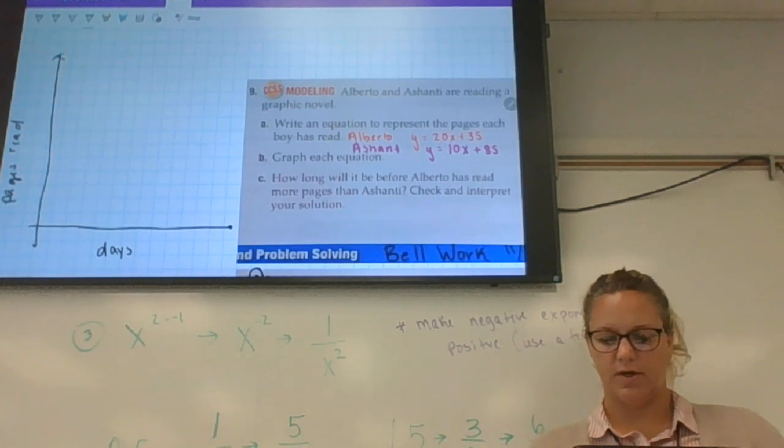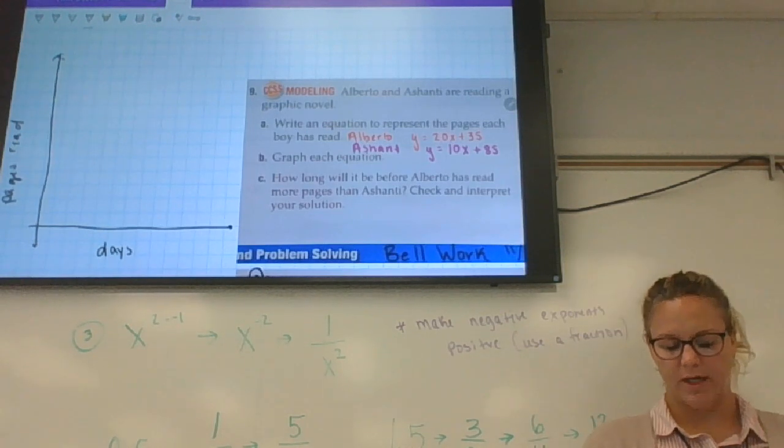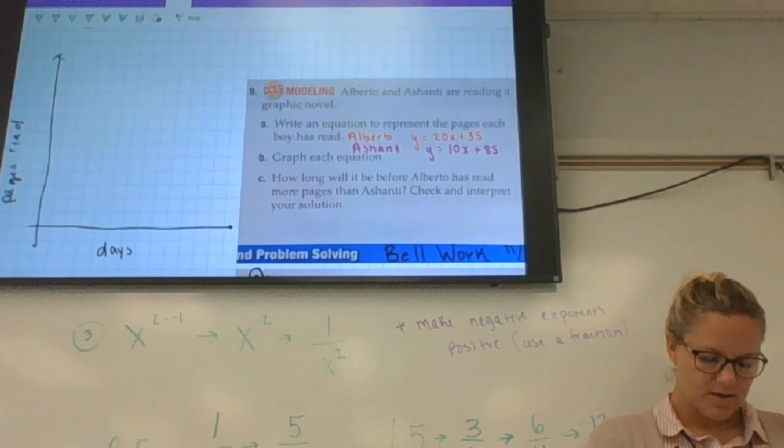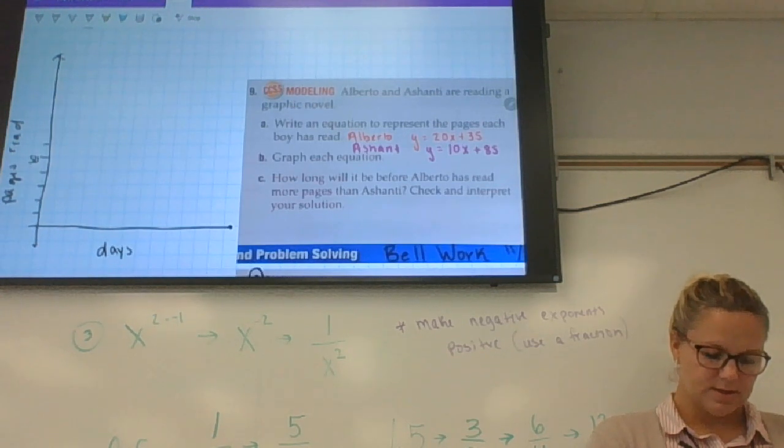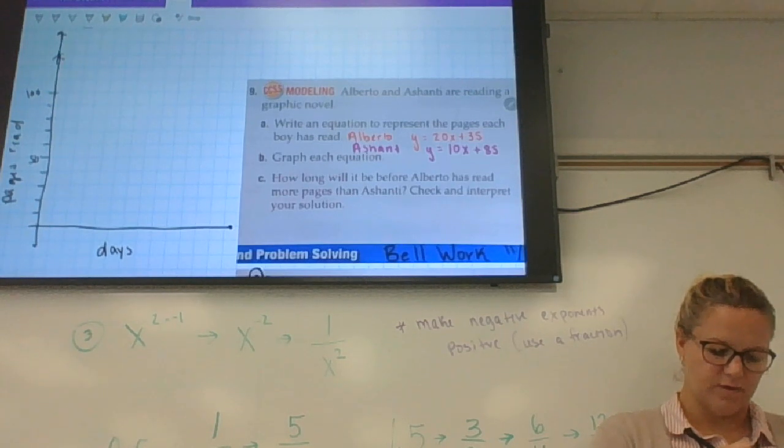It looks like we have to go pretty high, so we could go by 5s or 10s. Guess we'll do 10s. 10, 20, 30, 40, 50 pages. 60, 70, 80, 90, 100 pages. I feel like I'm going to go to 150 and hope it goes. 150.